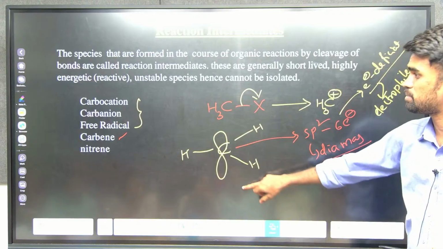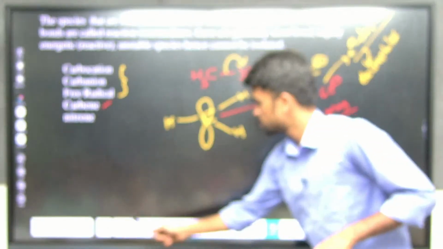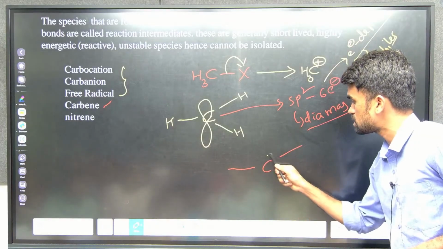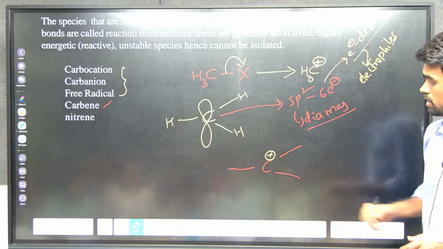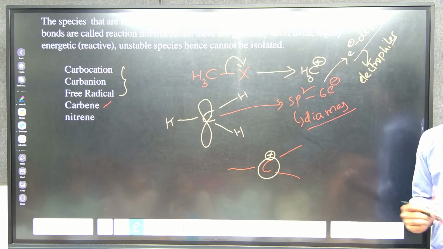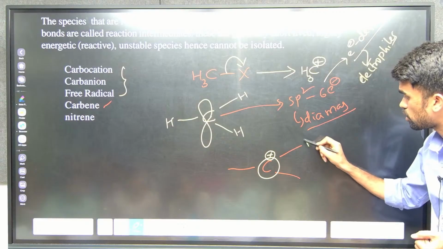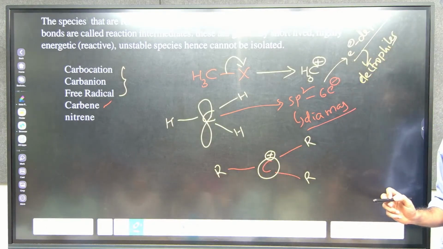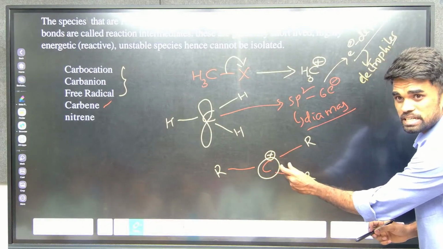How can you decide stabilities? See, there are 3 bonds with a positive charge on the carbon. Now what does this electrophilic carbon require? It requires electrons right now. It already has only 6 electrons.